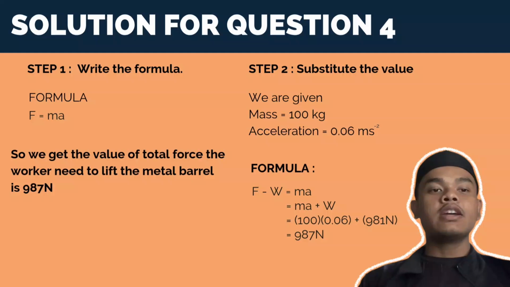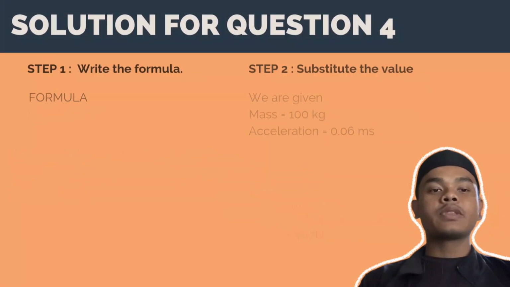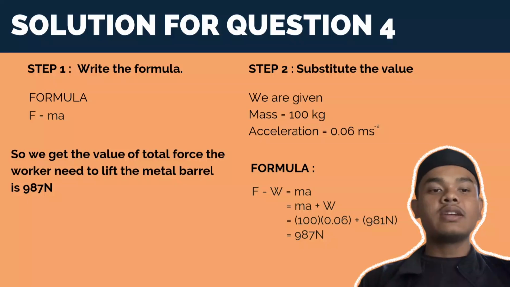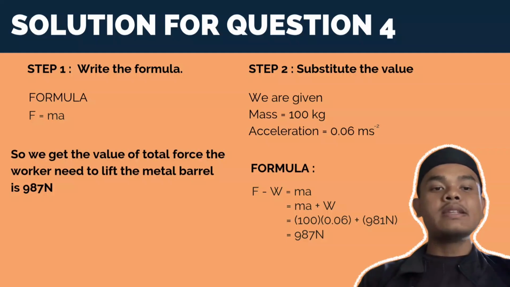It is because the object is moving against gravity. This is a situation where the load is being lifted upward and there is an acceleration upward. The worker must overcome two main resistances. The first one is gravitational force, or the weight. The formula is W equals mg. This is the minimum force needed just to hold the load in place or move it upward at constant speed.